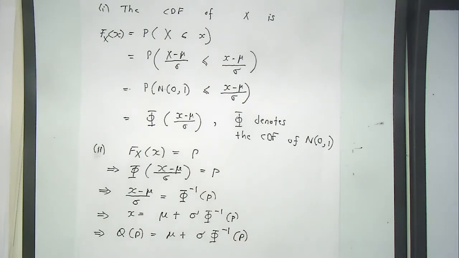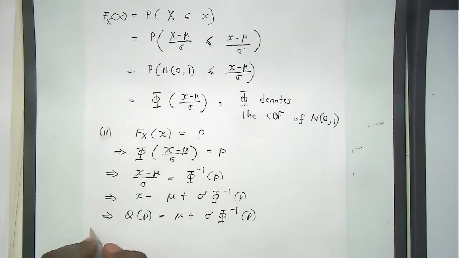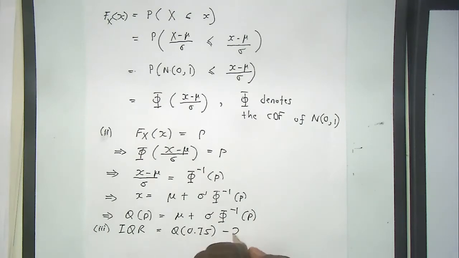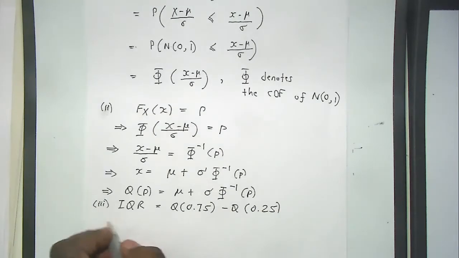Just a minute, guys. Just give me one minute. Now, finally, to find the IQR, remember IQR is the difference between Q at 0.75 and Q at 0.25, right? So this is gonna be mu plus sigma times phi inverse of 0.75 minus mu plus sigma times phi inverse of 0.25.